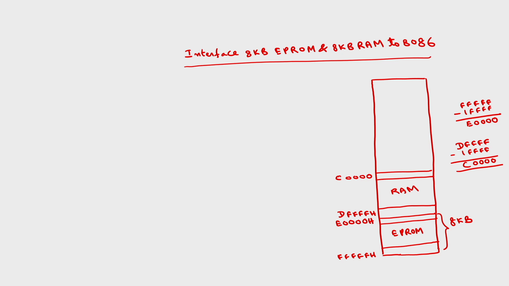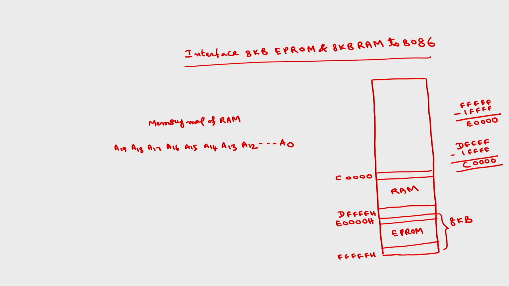So, what is the memory map of RAM? In total we have 20 address lines: A19, A18, A17, A16, A15, A14, A13, A12, and so on up to A0.